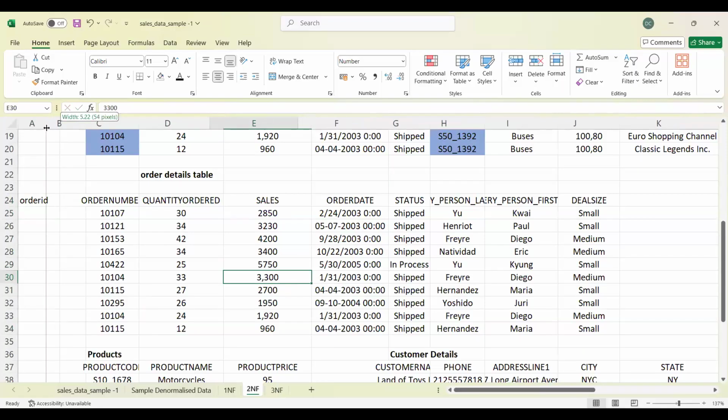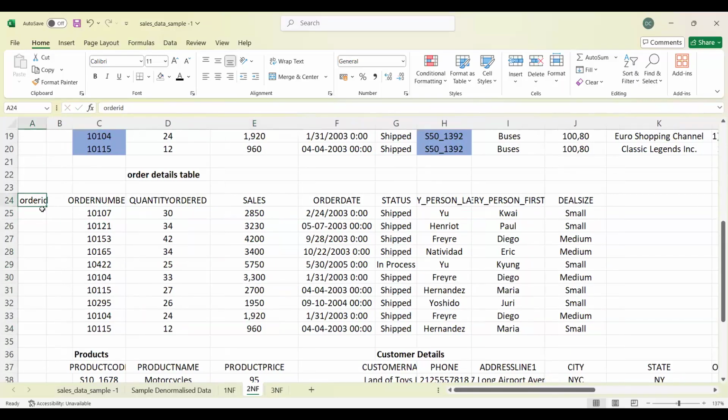I'm just adding order ID column here. So I'm just randomly giving some numbers here: 1, 2, 3, 4, 5, 6, 7, 8, 9, 10. I just added one column.